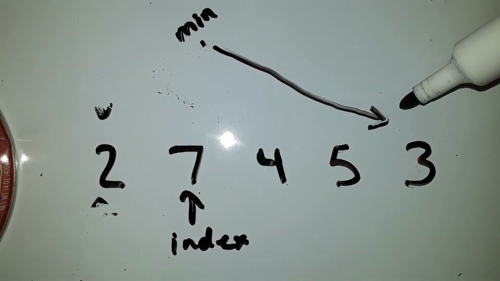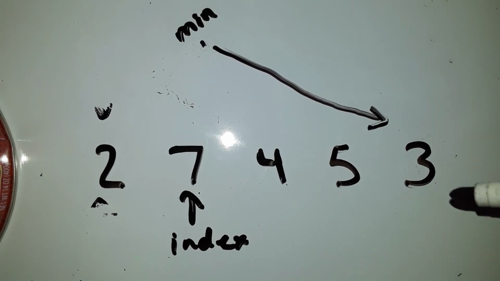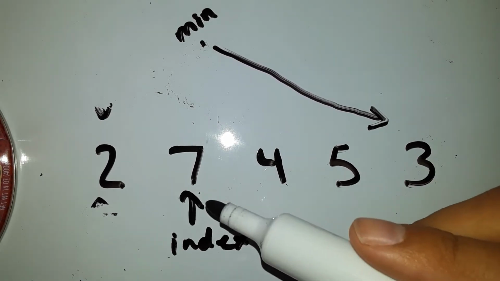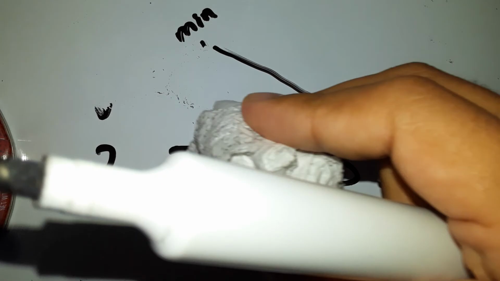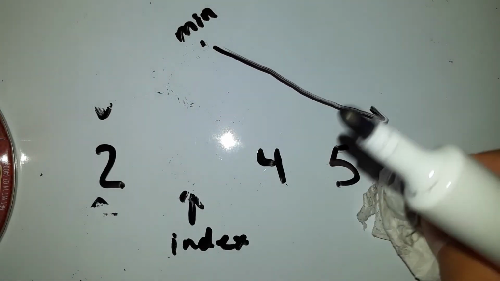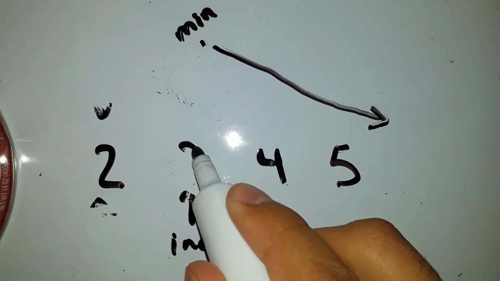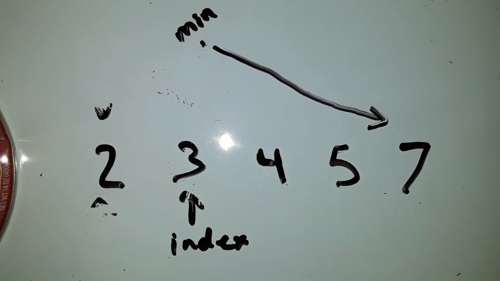As you can see, minimum is pointing to 3, index is pointing to 7. So that tells us that we need to perform a swap. So we're going to swap 3 with 7. And now the 3 is in its correct place in the array.